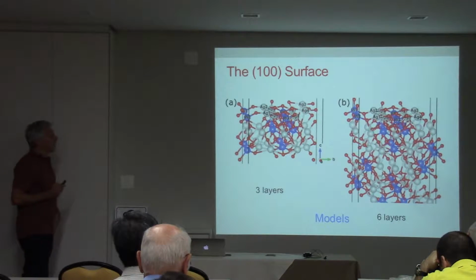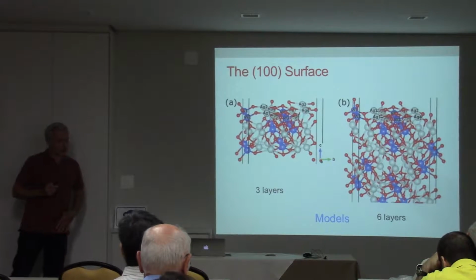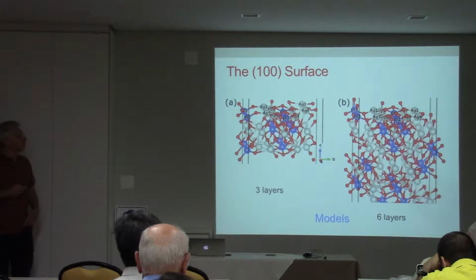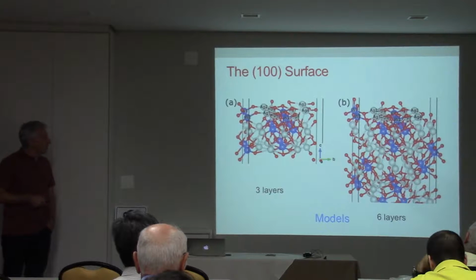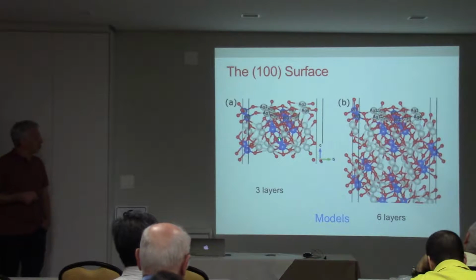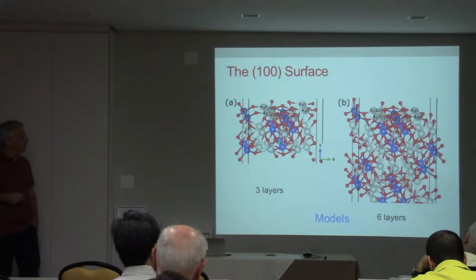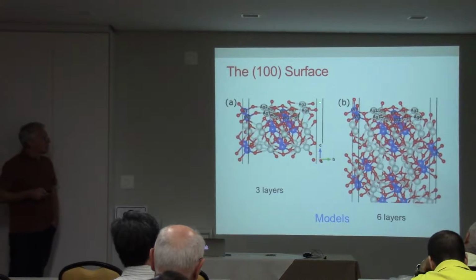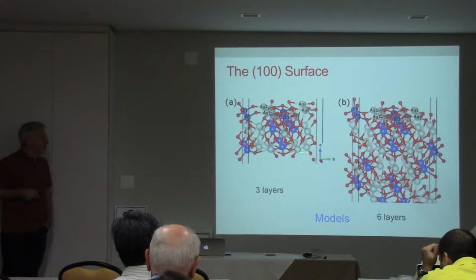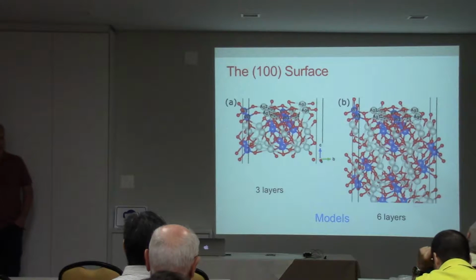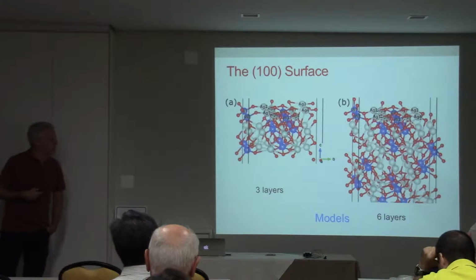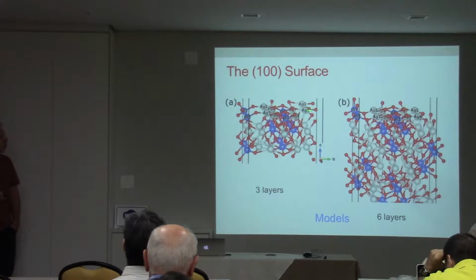Let's look at the most stable surface of the system, which is the 100 surface. These are two different models with different thickness. We have been testing if this smaller one, which is computationally cheaper, is comparable, and all the results between both agree.